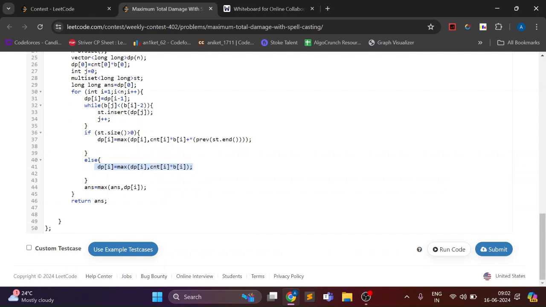Else if the multiset has size 0, we can initialize with the elements we are taking from this index, so the choice would be cnt of i into b of i. For each index I take the maximum of dp of i, store it in the answer variable, and finally return the answer variable.